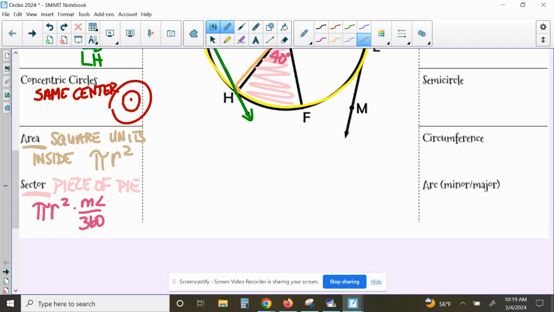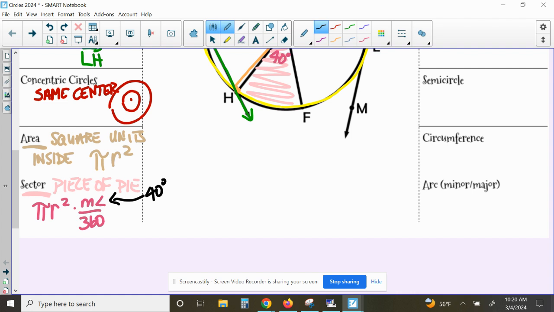Because the circle's 360. So we're going to take the area of the whole thing and multiply it by the angle measure. In this case, we would plug in 40 degrees right there and work this out, and then we can find the area of our piece of pie. Does that make sense? What I mean by the measure of an angle over 360? Always over 360, because that's the whole circle.